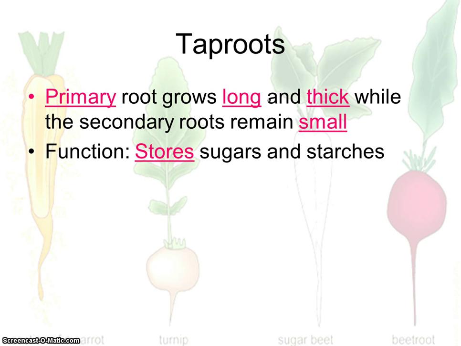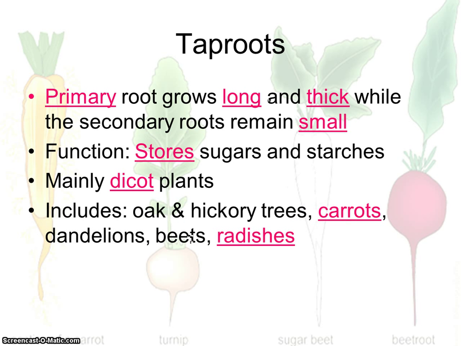Its main function is where the starches and sugars of the plant are going to be stored. Okay, and if you can see in the background, you can see some examples: carrots, radishes, those types of things. Most of your tap roots are dicots, so they produce two leaves from their seed when they start to grow. Some common examples: your oak and hickory trees have a tap root.